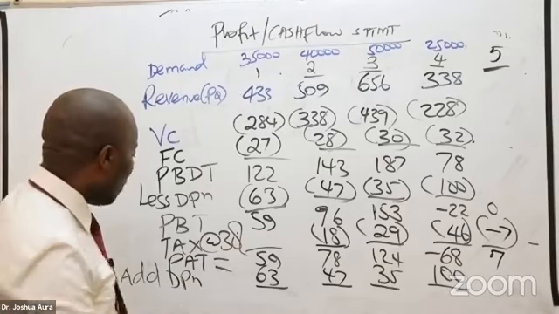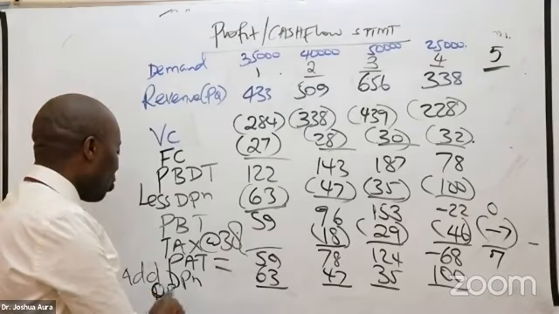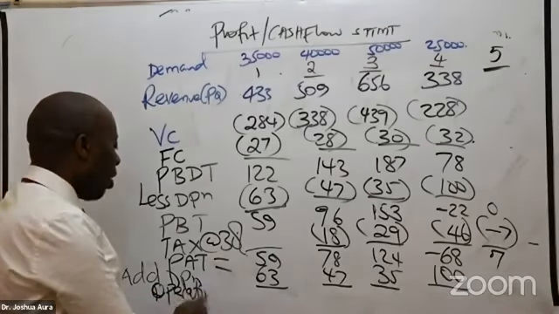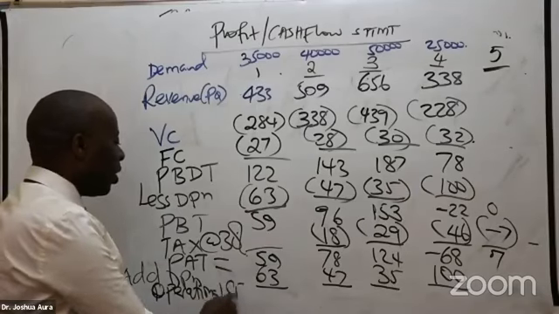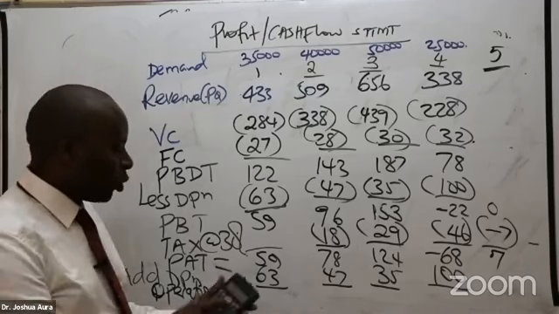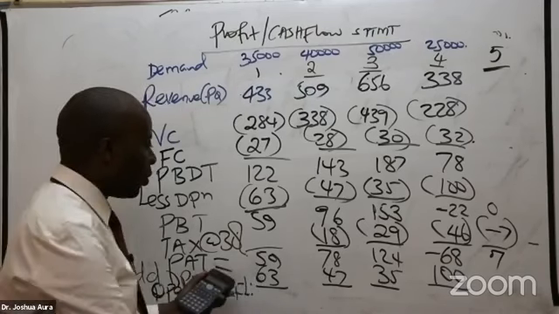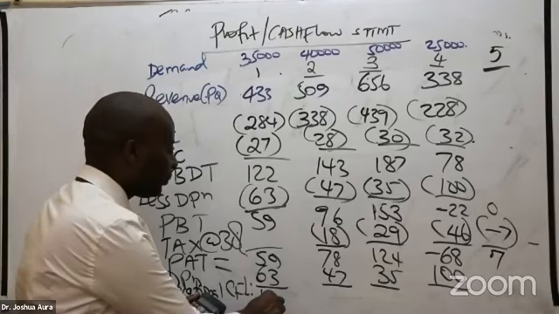So please add. Whatever we'll be having here will be called operational cash flow. So operational cash flow, we have 59 plus 63, which gives us 122.